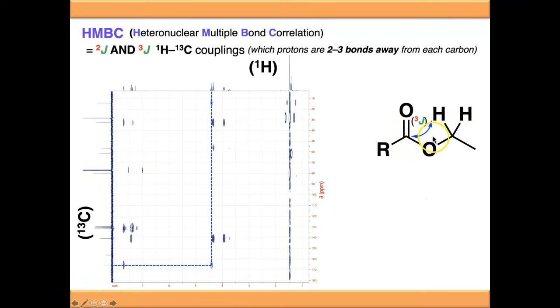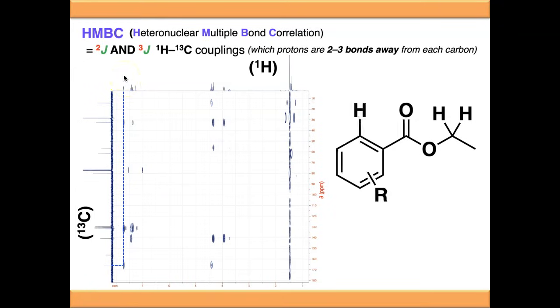So if we take this a step further and we look at what else can see our carbonyl, okay, so we go from the carbon rather than the proton this time. So the carbonyl can see two signals, one of which we've already assigned, that's the protons over here. What can it see on the other side? Well, it can see this signal over here, which is in the aromatic region. It's not very heavily split, so that's got to be an ortho proton on an aromatic ring that's directly connected, because everything else is too far away.